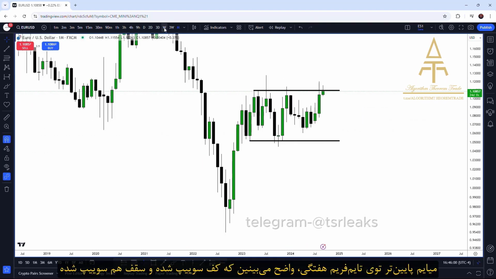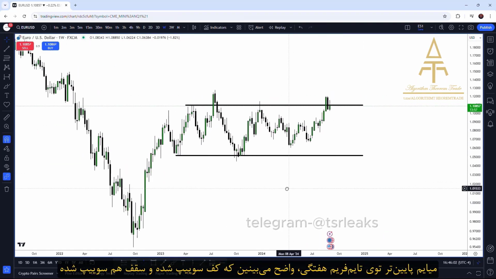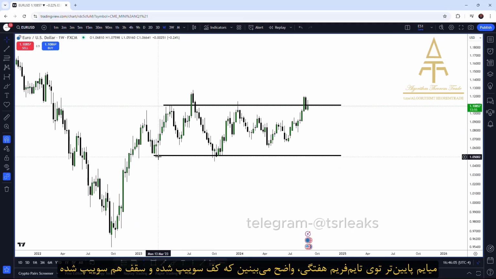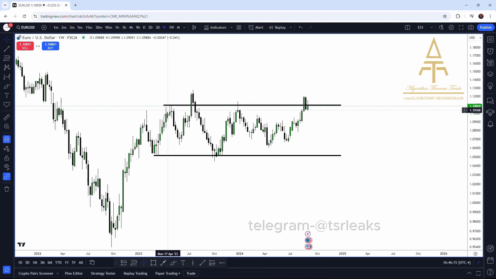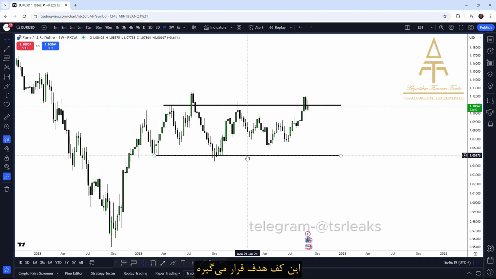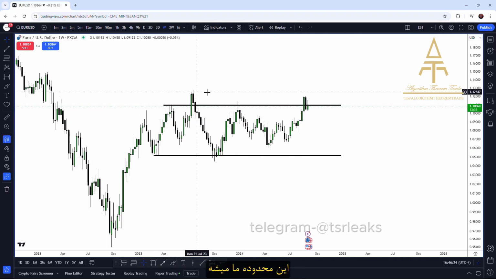Dropping down to a weekly time frame, you can clearly see the low was swept and the high was swept. So the low that made this high is important. Why? This high was turtle souped. This low will be targeted. This is our range.